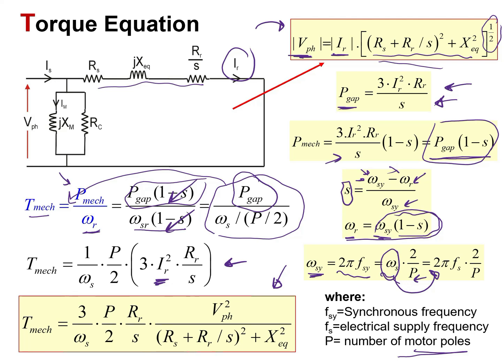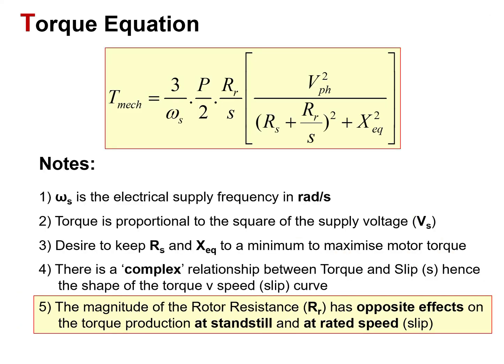Now notice that the equation of the torque relates the effect of the resistance of the rotor, the slip, the frequency, the phase voltage, and the stator resistance, as well as the inductive reactance. It relates their effect on the mechanical torque.